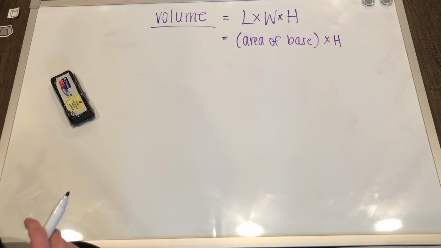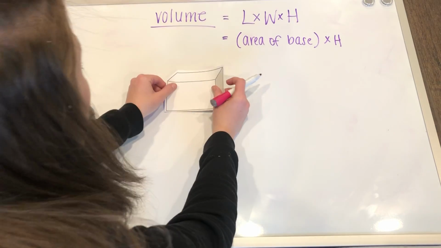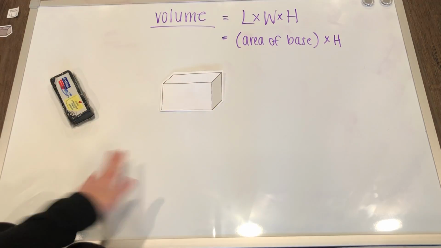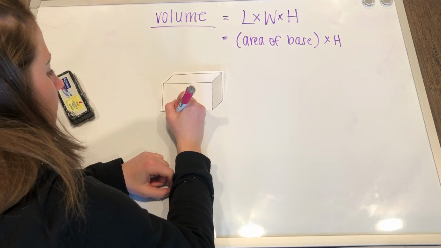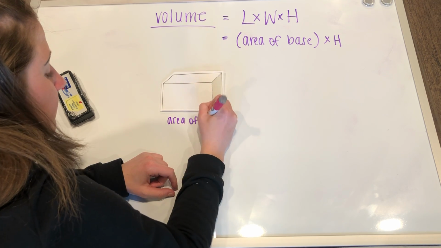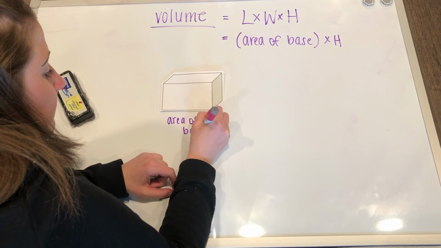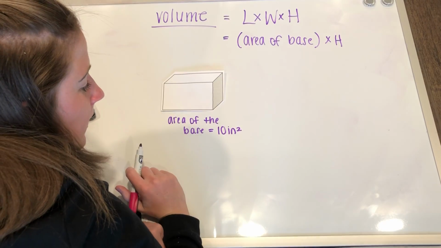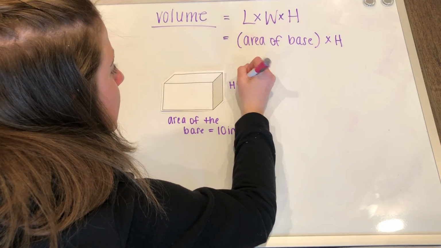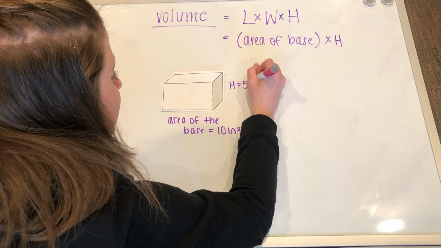So if we were to get a problem that did not have any cubes, it looked like this, and said the area of the base equals 10 inches squared, or 10 square inches, and the height is equal to 5 inches.